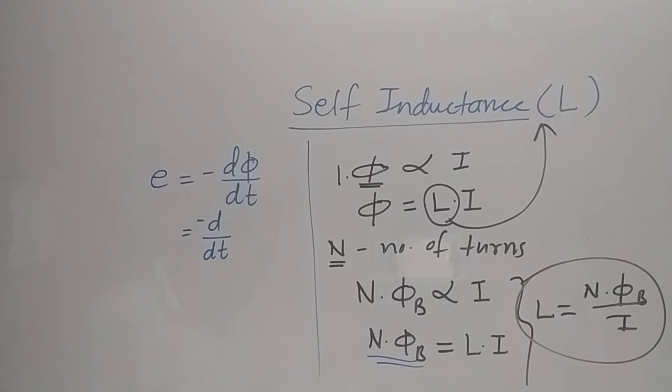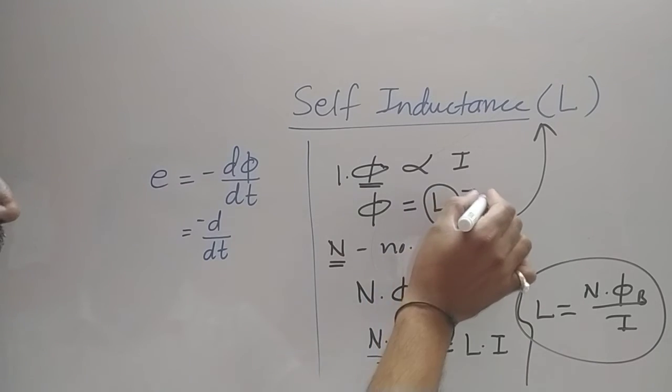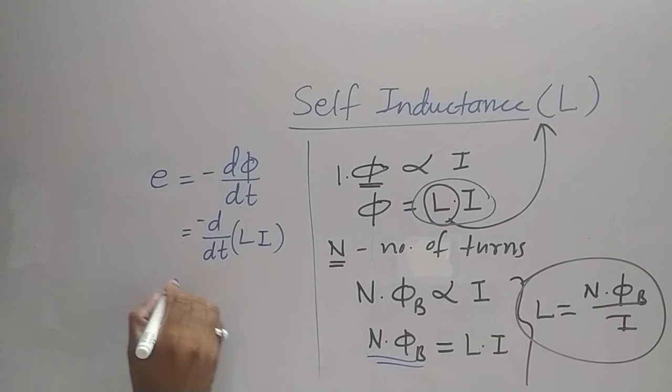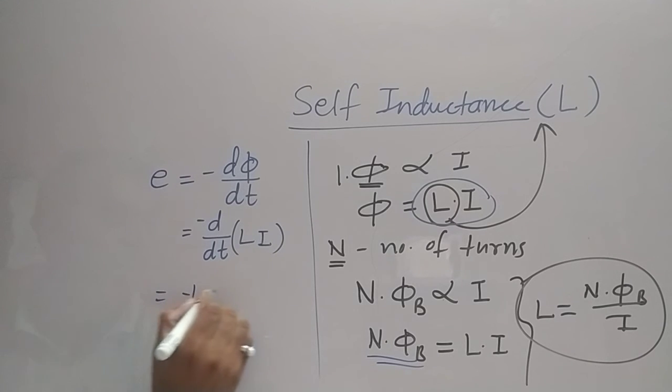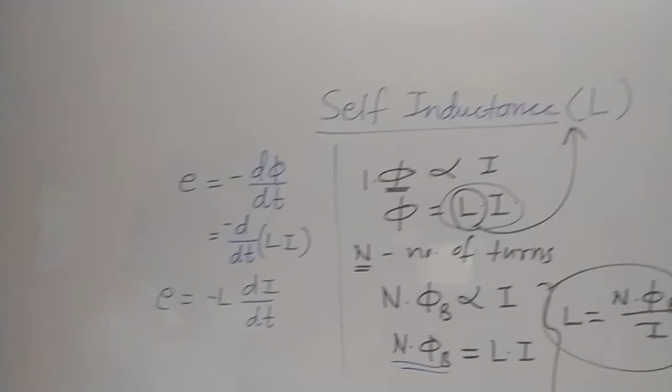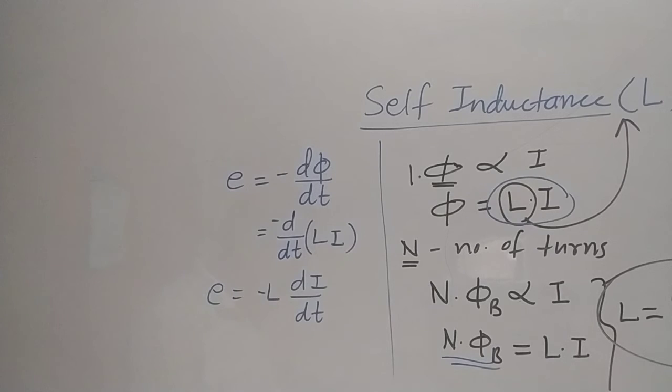The value of phi is L into I. L is constant, take it outside, so it is minus L di by dt. E equal to minus L into di by dt.